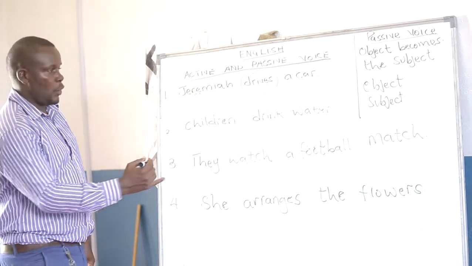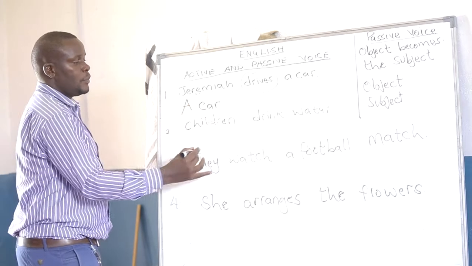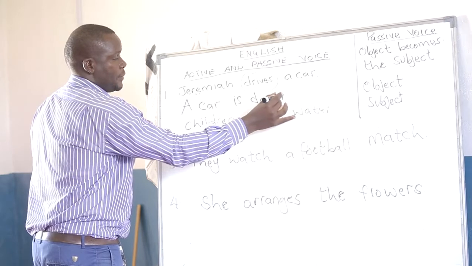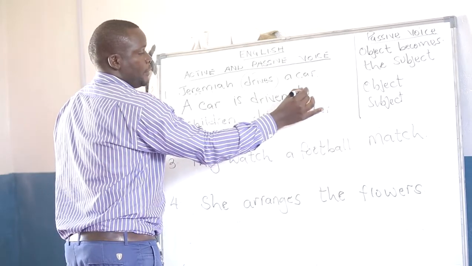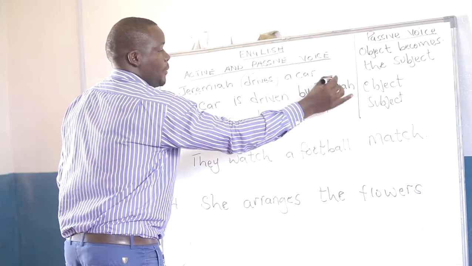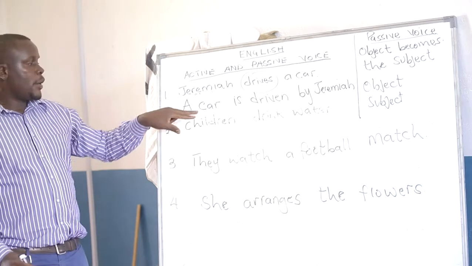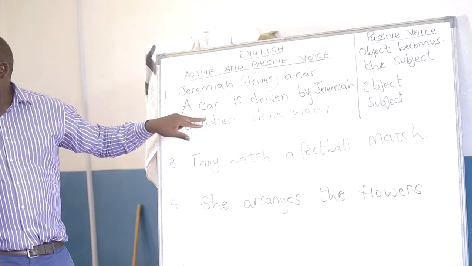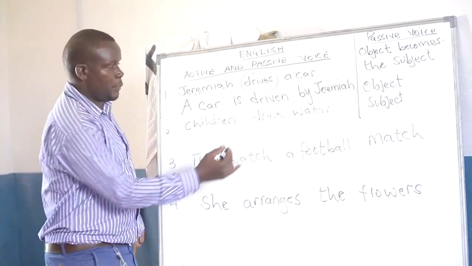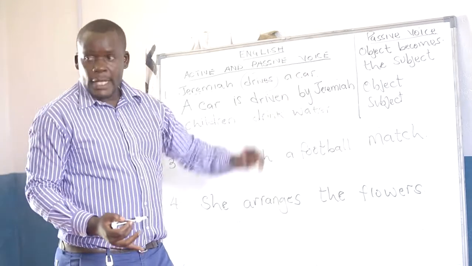And for that matter, we shall say, a car is driven by Jeremiah. So for that case, you can understand that our object, which is a car, has become first, followed by our verb, which now has been written in the participle form, followed by the subject.